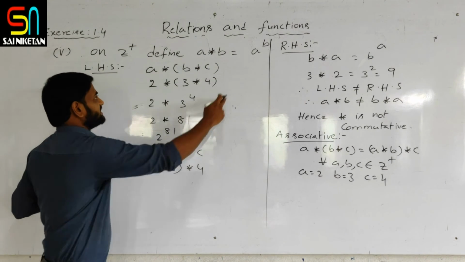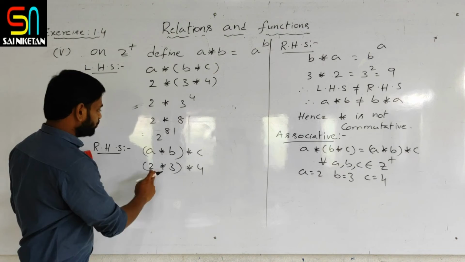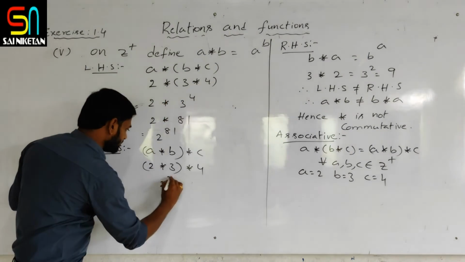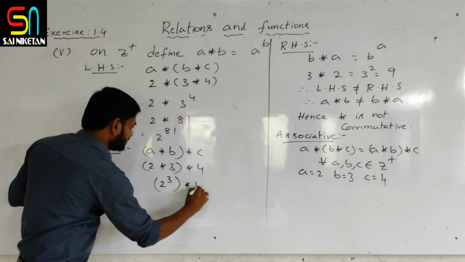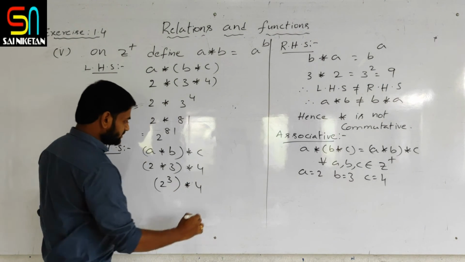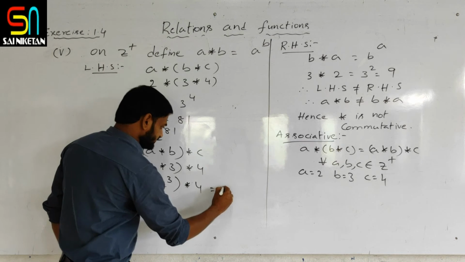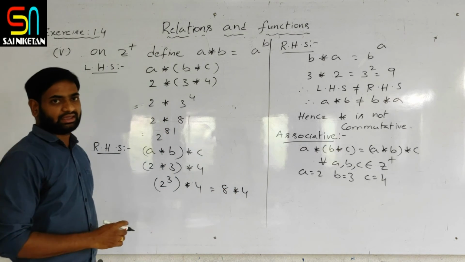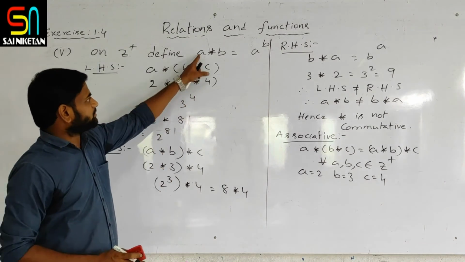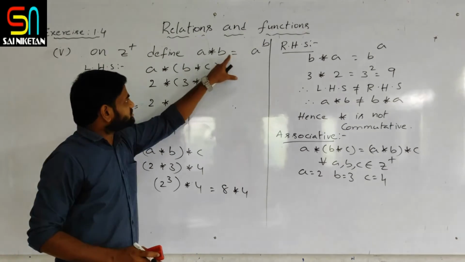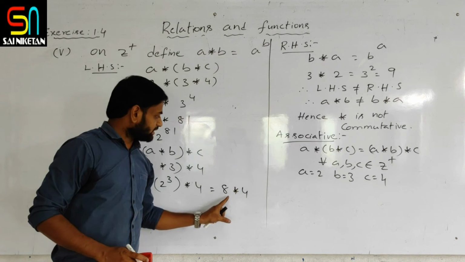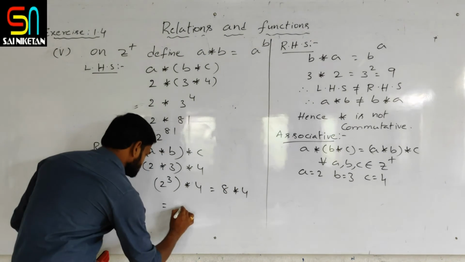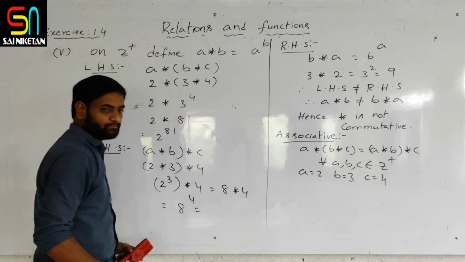A star B means A power B, so 2 star 3 means 2 power 3, which is 8. Then 8 star 4, again in the form of A star B, is 8 power 4.